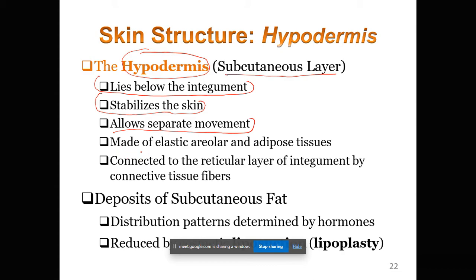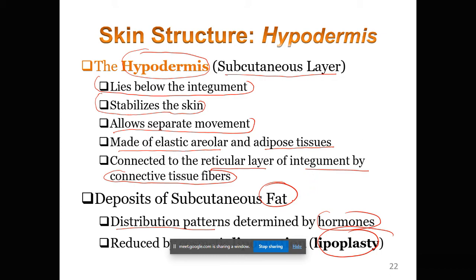Okay, so it is made up of elastic areolar and adipose tissue. It is connected to the reticular layer of the integument by connective tissue fibers. Deposits of subcutaneous fat, distribution patterns are determined by hormones and reduced by cosmetic liposuction, which is also called lipoplasty.